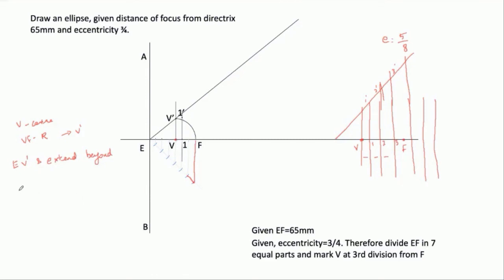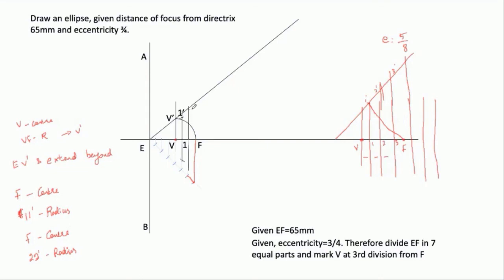So next step is I'm going to take F as center. Always your F is center, and measure 1, 1 dash and with F as center, try to cut an arc. Then second step, go for again F as center, 2, 2 dash as radius, try to cut one more arc.